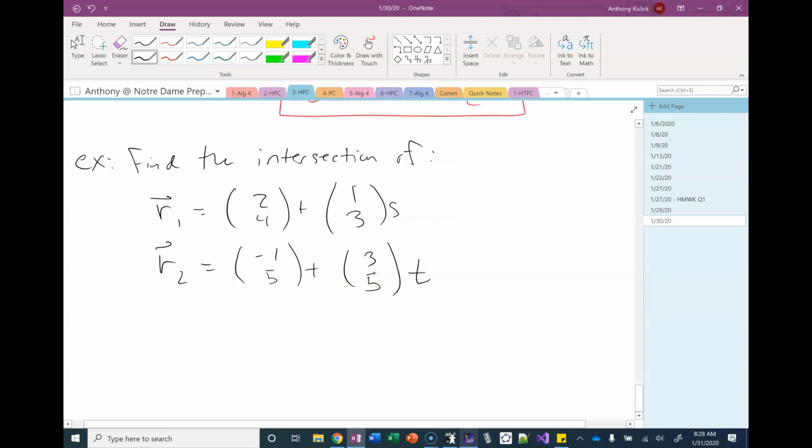So here's another Algebra 1 type question. We just want to find the intersection of these two lines. When we want to find the intersection of two lines, what are the different possible types of answers we get there? Well, how could the two lines intersect? There are 3 different possible outcomes from this question.